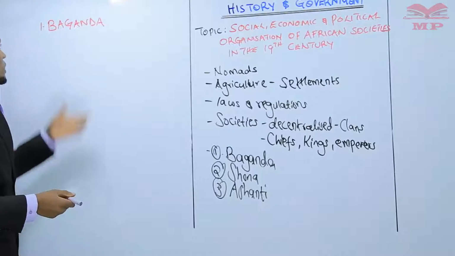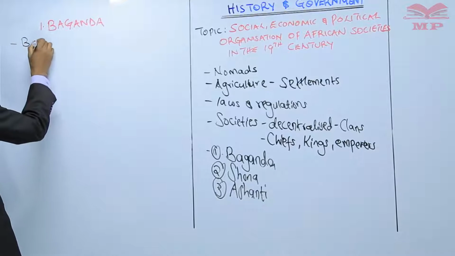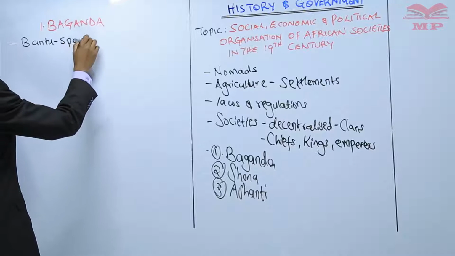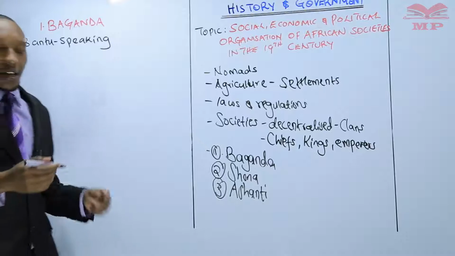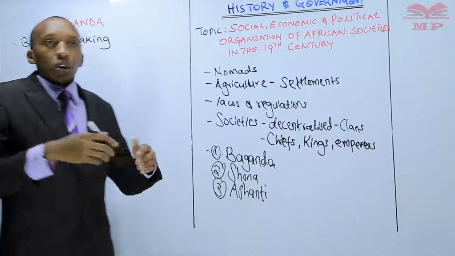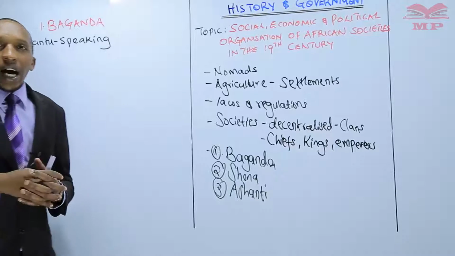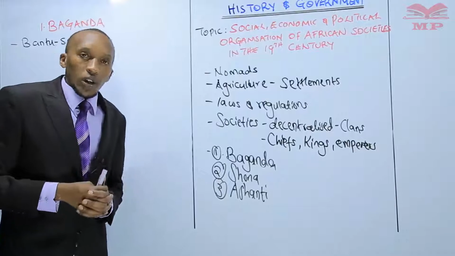So, the first thing we have to mention, these are a Bantu speaking people. Buganda was concentrated in the East African part of the African continent.